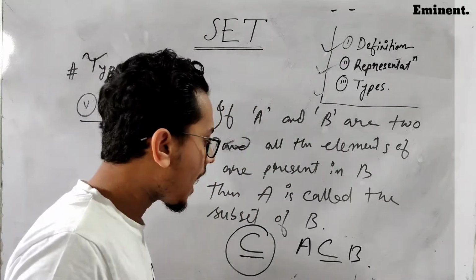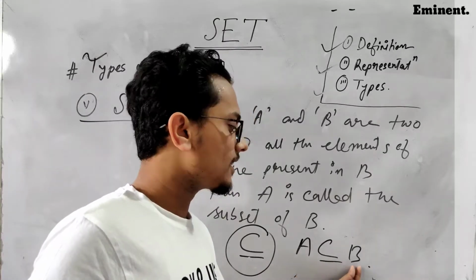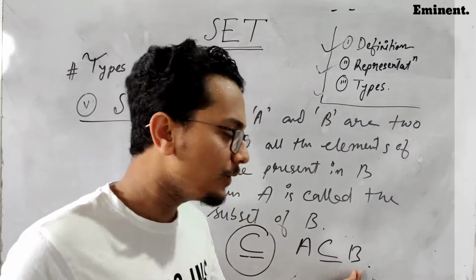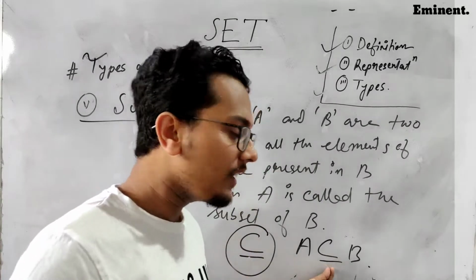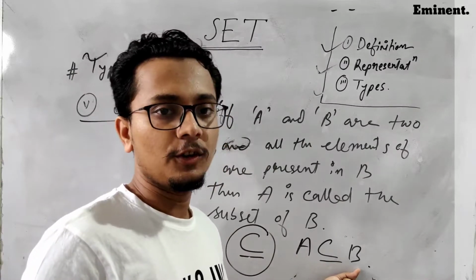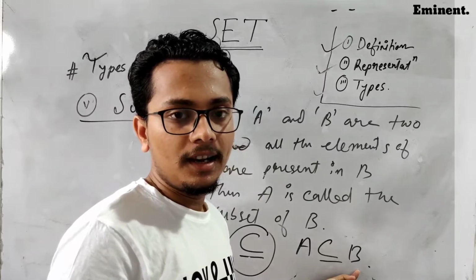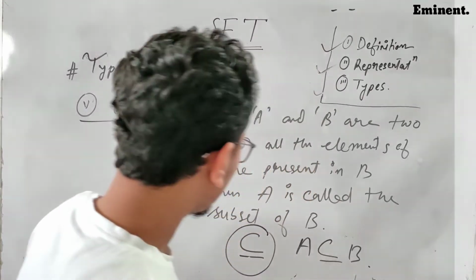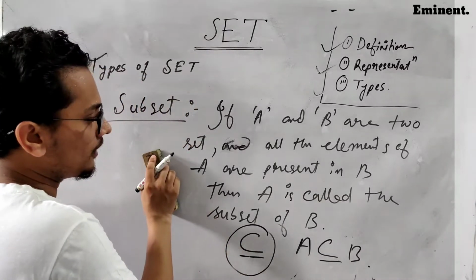How can you read this? Here A is a subset of B. Whenever you write this symbol, you have to read it like this: A is a subset of B. Okay? To understand more, let us take an example. This is the definition. If you want to note it, then you may note.